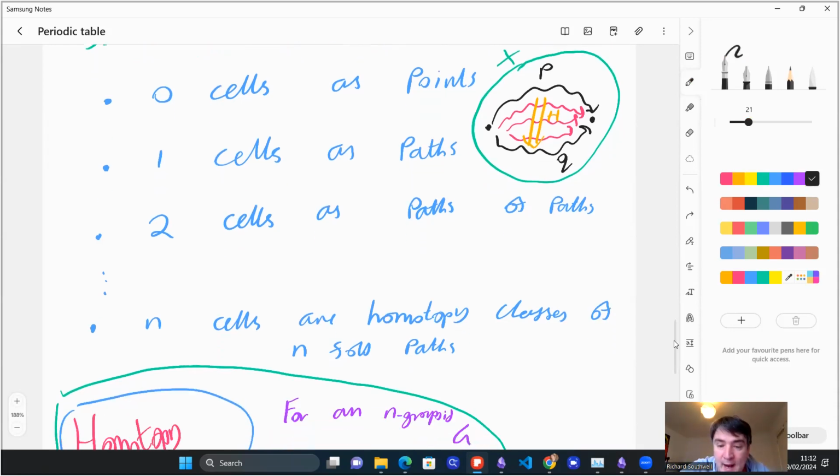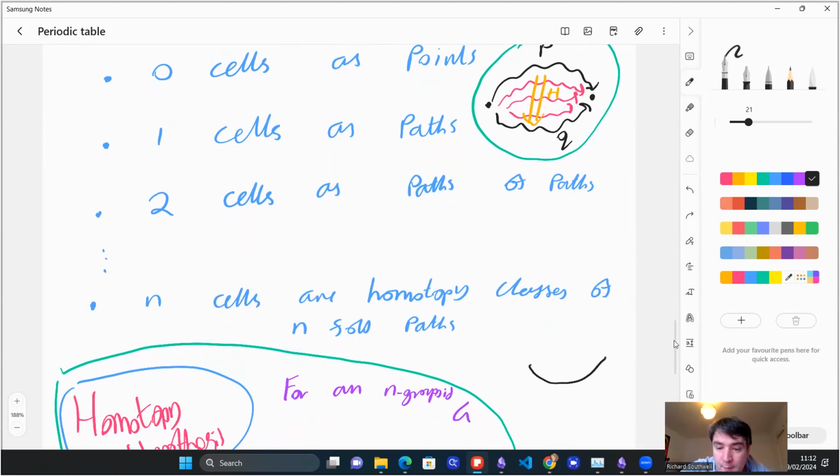So this is really the idea of a fundamental group. The idea of a fundamental group of a space is that you can pick a point and then you can think about the different paths from that point to itself. So maybe this is a path P and this is another path Q.